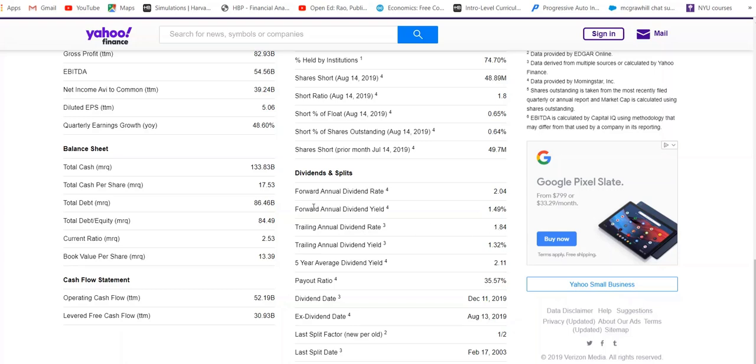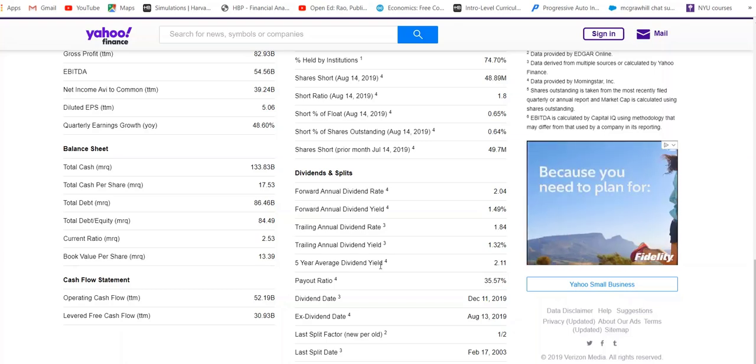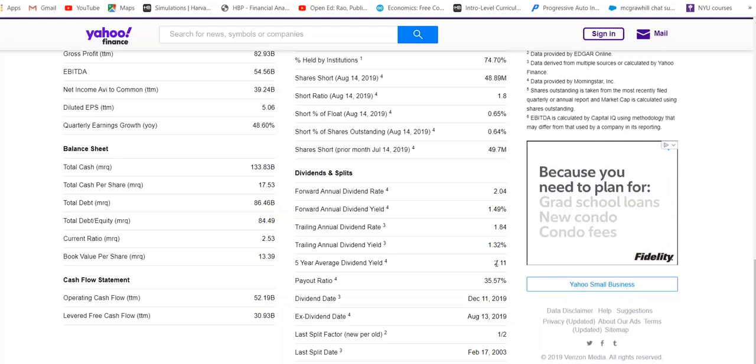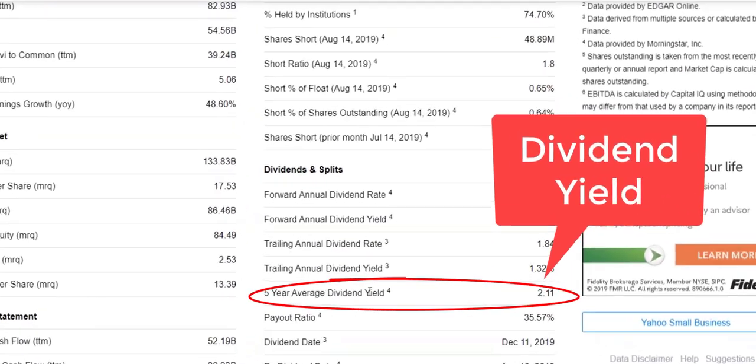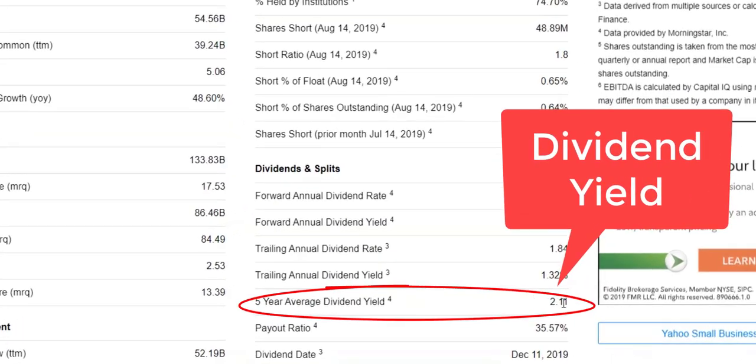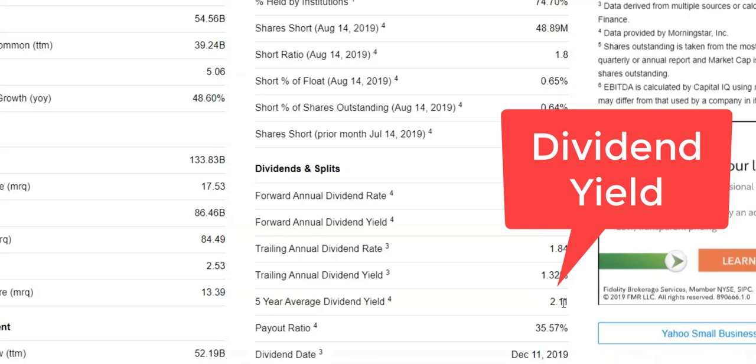The 5-year average dividend yield is 2.11, so we'll use 2.11 as the dividend yield value.